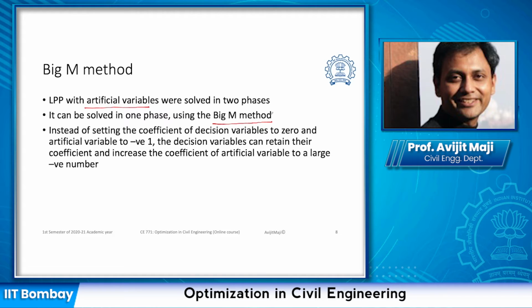In the Big M method, what we do is, instead of considering the negative one for the artificial variable and all the other variable coefficients as 0, we set up the problem by keeping the coefficient as is for all the design variables and set the artificial variable to a very large negative number.